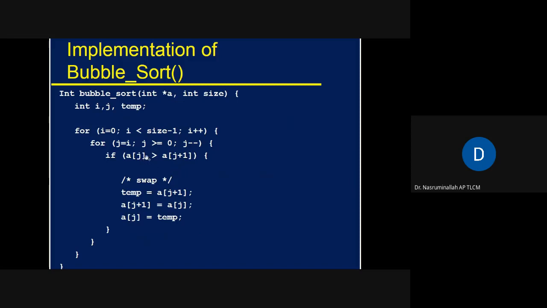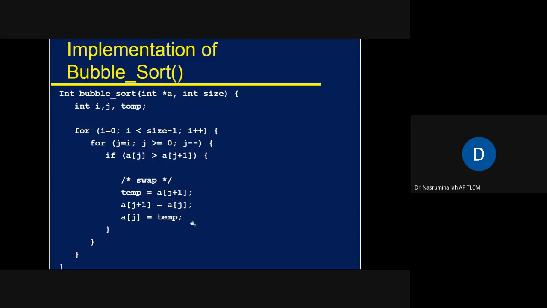The current element is compared with the next element, and if the current element is greater than the next element, then we will perform the swap operation, and if this condition is false, we do nothing and we move on to the next step.